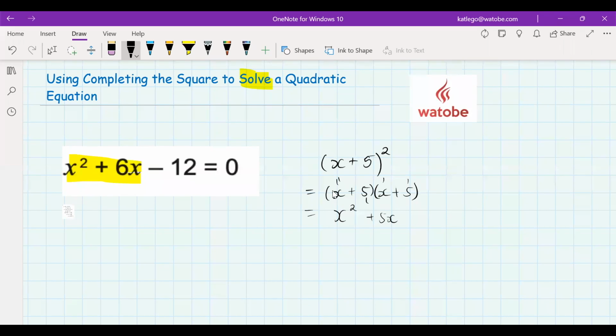Same with these two, plus 5x. Plus last times last, which is 25. Then you'll be left with x squared plus 10x plus 25.